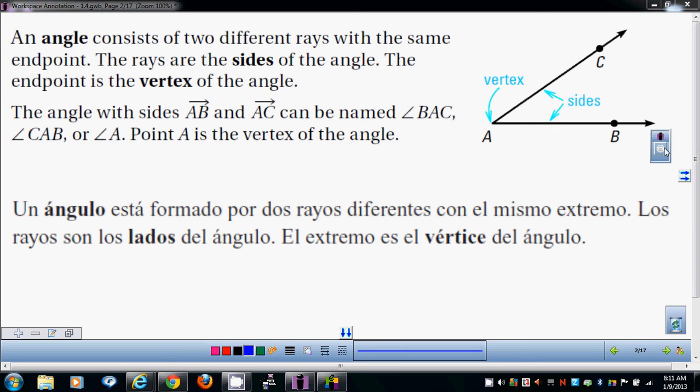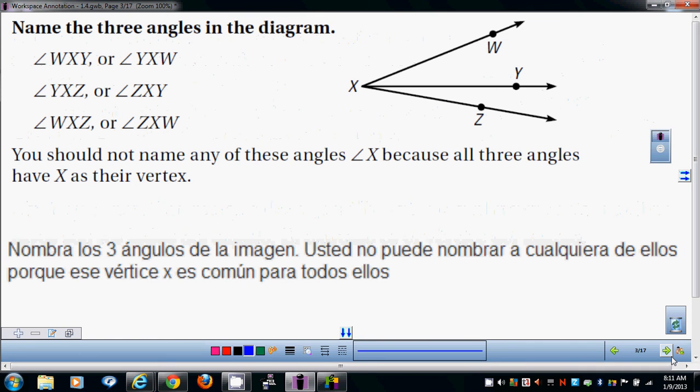Why don't you think we could just call this angle A? Well, I'll just show you. What happens if we call this angle, angle X? What's the problem with naming one of those angles, angle X? Yeah, exactly.